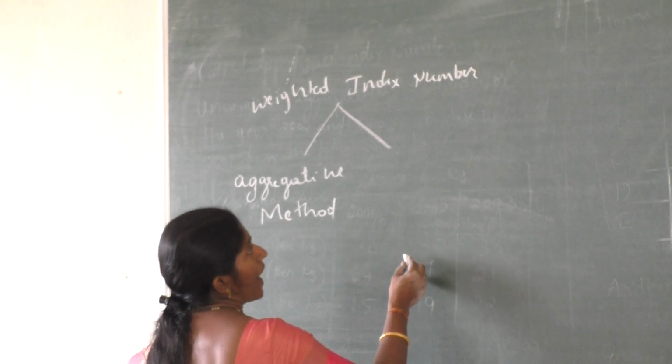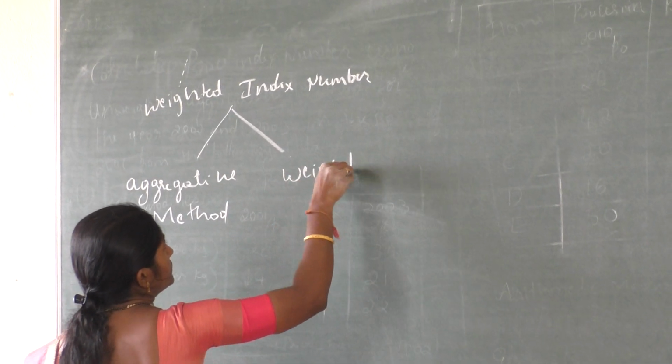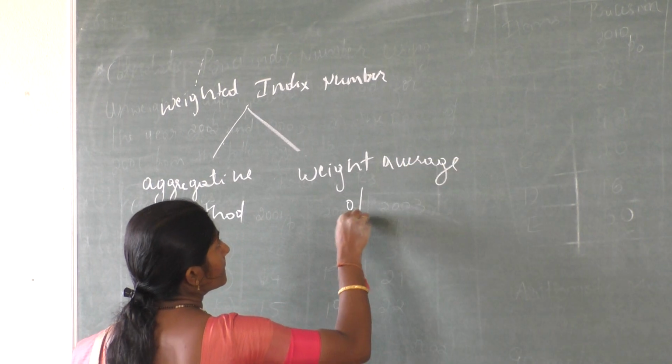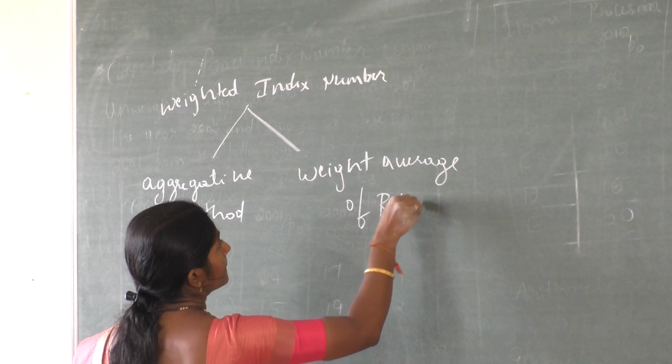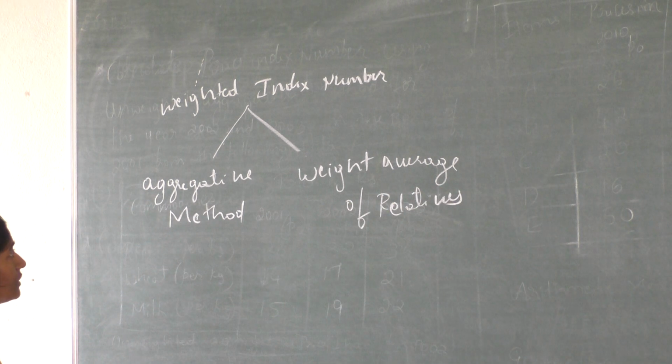Another one is the weighted average of relatives. Now we will study the aggregative method.